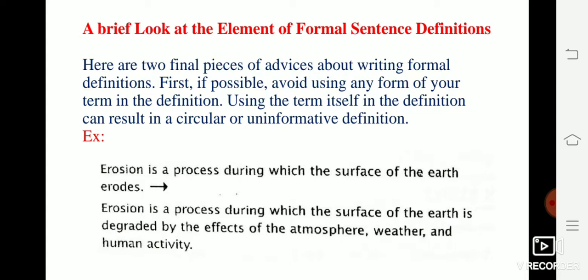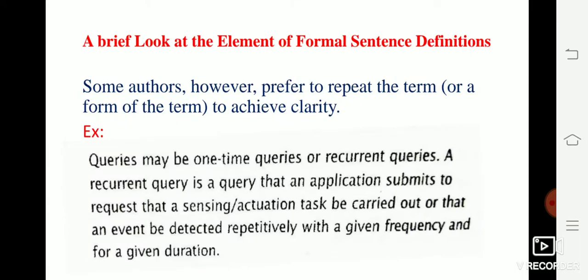Let's go on now. Okay. Some authors, however, prefer to repeat the term or a form of the term to achieve clarity. Okay, look at here. For example, queries may be one-time queries or recurrent queries. Recurrent means sometimes or from time to time.